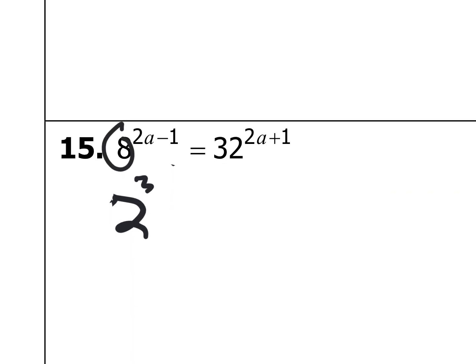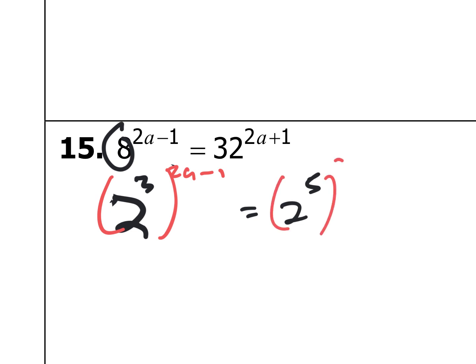So this 8 can be written as 2 to the 3. And then this has to be raised to the 2a minus 1. And the other one is what? 2 to the 5. All of that is raised to the 2a plus 1. So don't forget, guys, that there's actually a parenthesis here.